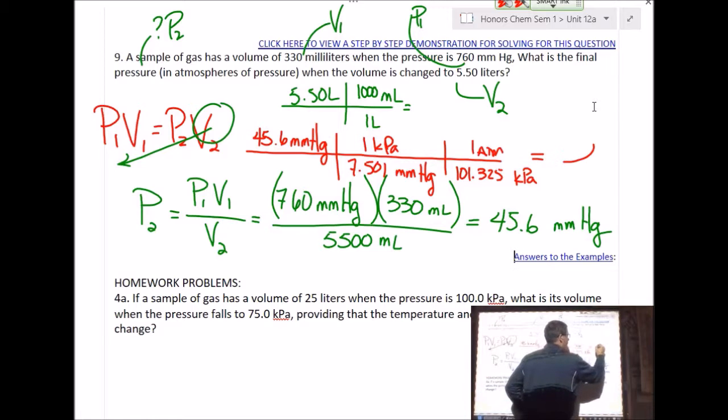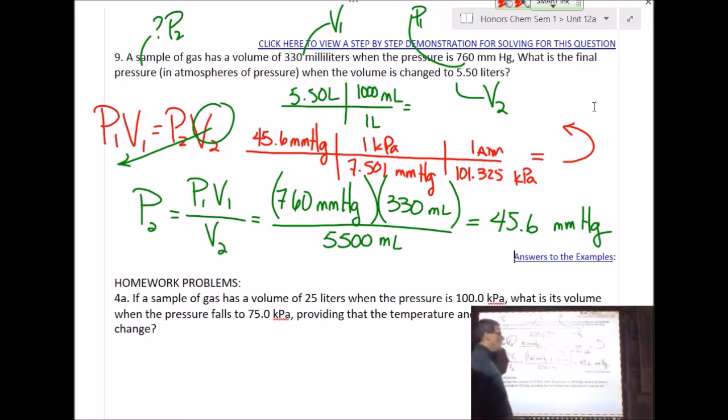All right, now we've got an answer. Let's try this, because again, it says in atmospheres. Did you get a number? What about 3 sig figs? Yeah, 3 sig figs.